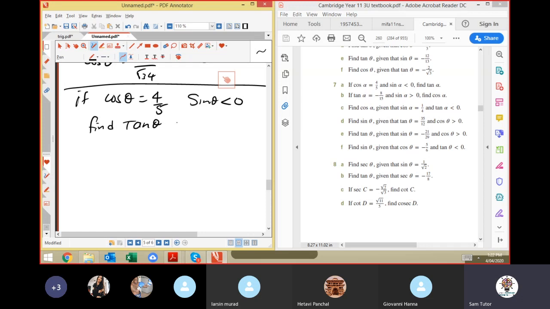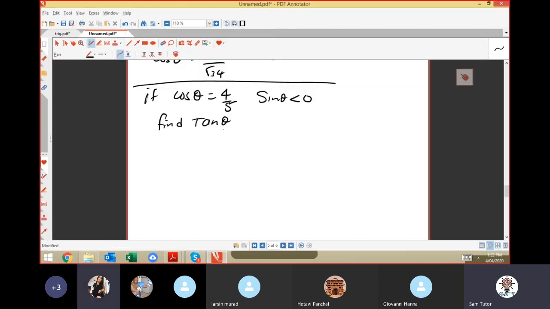Okay. Who wants to do that with me to see if they're getting it? Mickey, let's try this. Cos theta equals 4/5, and you know that sine is negative, find tan theta.